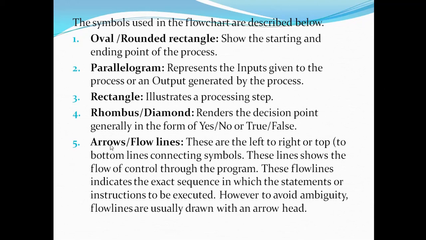And the fifth one is the arrow, or we call it flow lines. These are the left to right or top to bottom lines connecting symbols. This line shows the flow of control through the program, or the flow of data between the other geometrical notations.